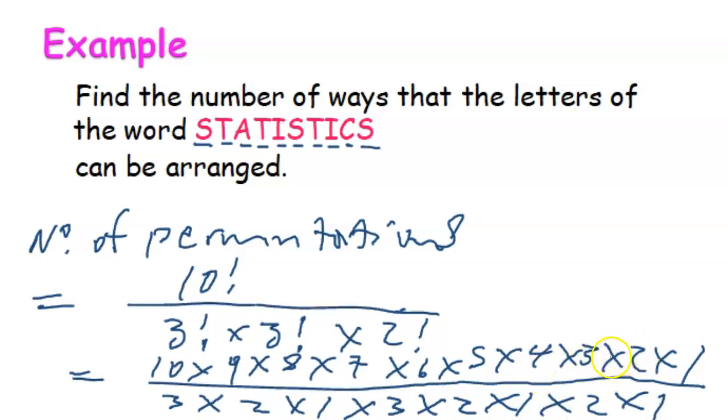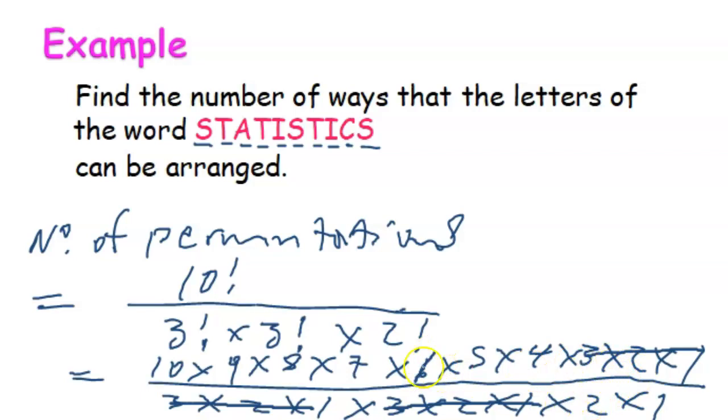So now 3 times 2 times 1 up here cancels with 3 times 2 times 1 down here. Here, 3 times 2 times 1, that's 6, we'll cancel the 6 up here.